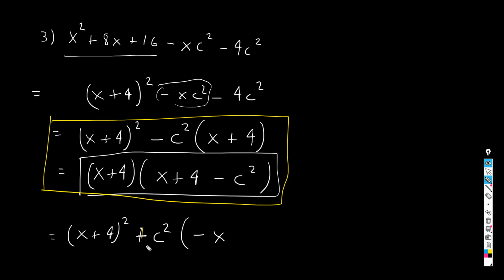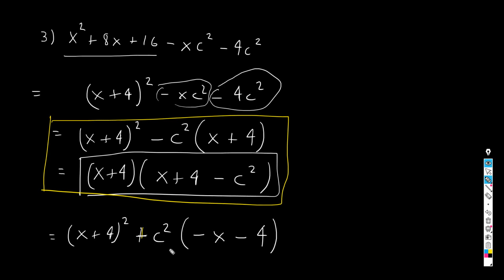Plus c squared times what number with its proper sign should give me minus 4c squared? Well, that's going to be minus, first of all, because plus times minus should be giving me minus, and 4. Plus c squared times minus 4 is going to be equal to minus 4c squared.